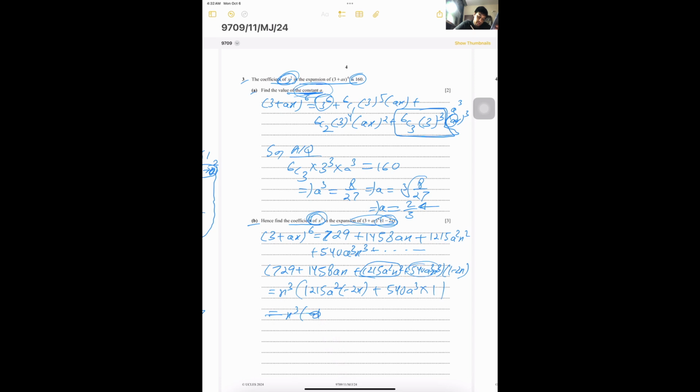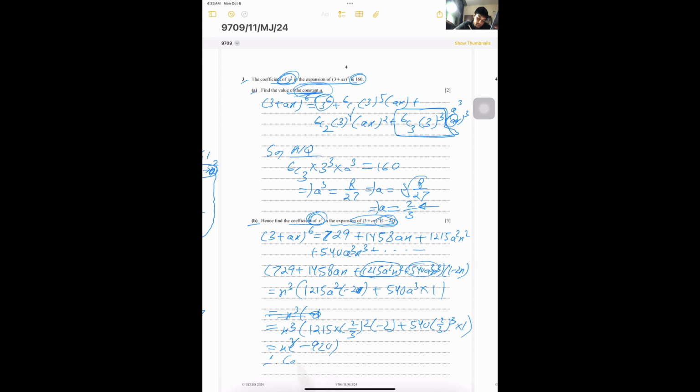So x cubed: 1215 into (2 by 3) whole squared into minus 2, we don't have to write the x there, plus 540 into (2 by 3) whole cubed into 1, which is minus 920.